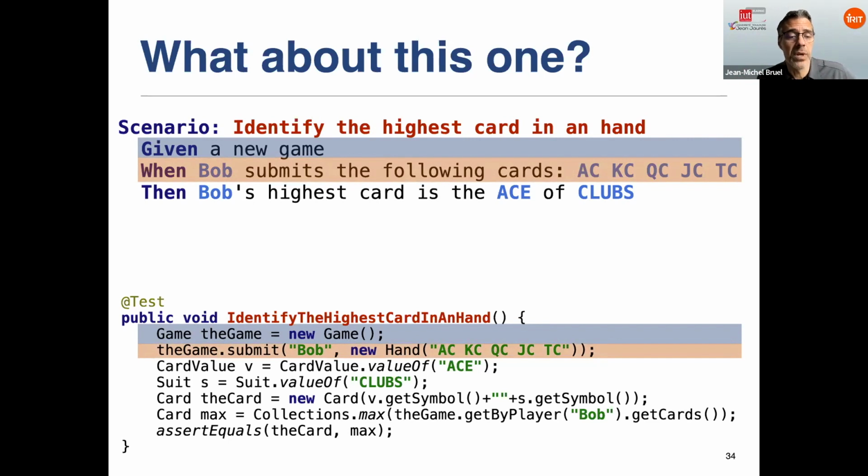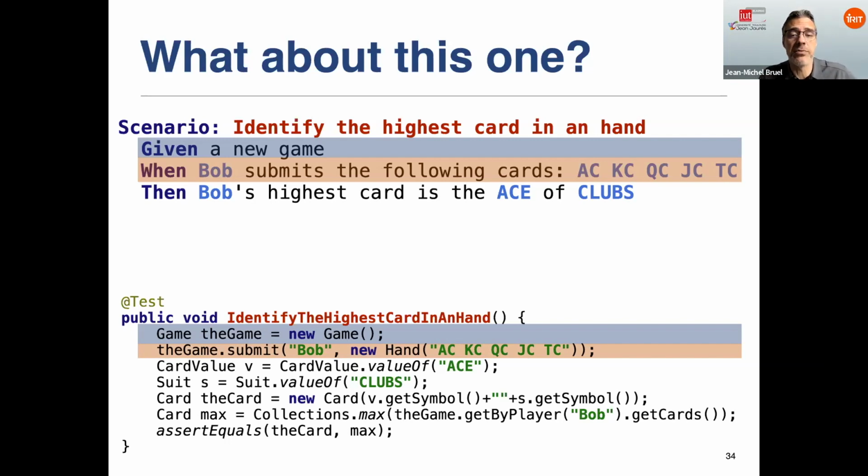In fact, in the test we write code that illustrates what happened if Bob submits a new hand. So this is a poker game. I forgot to mention, it was maybe obvious for most of you, but this is a lot easier written in natural language.